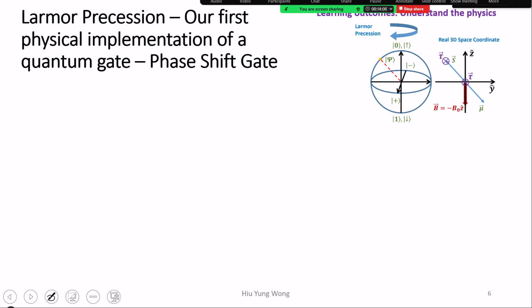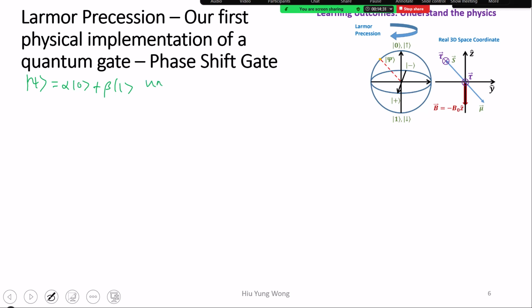First of all, let's look at the state. A general state is equal to alpha 0 plus beta 1. This is always correct, right?